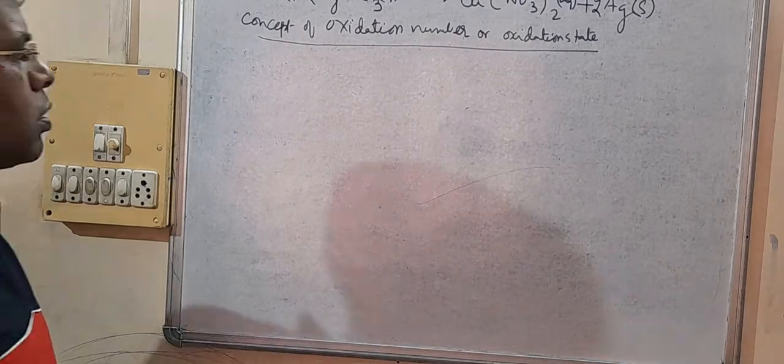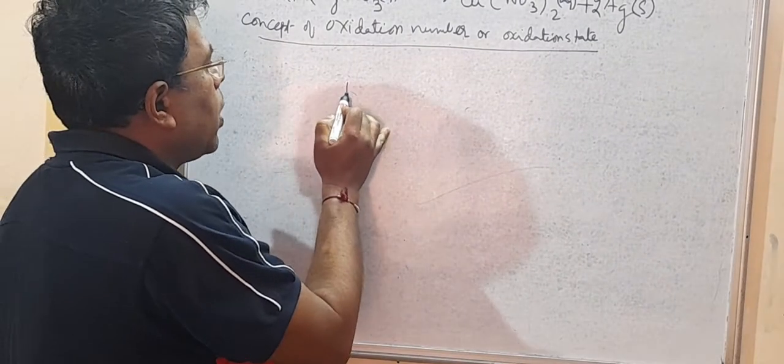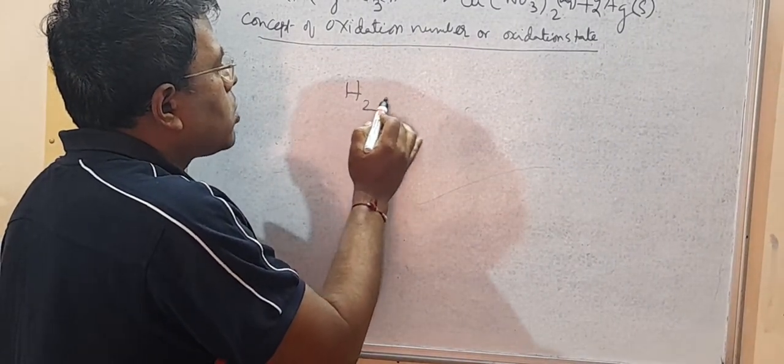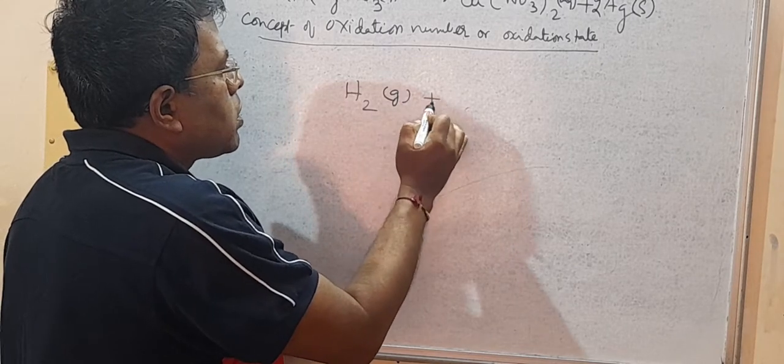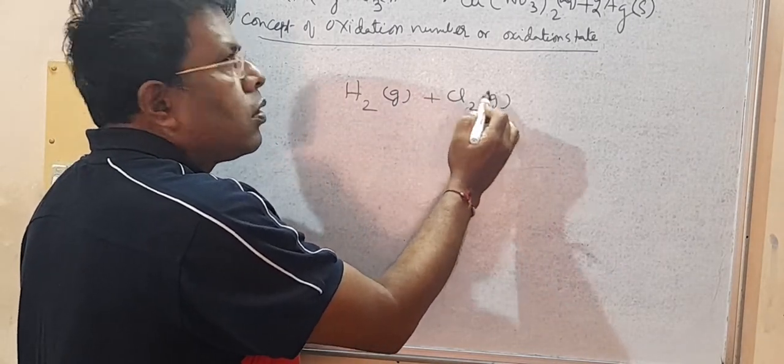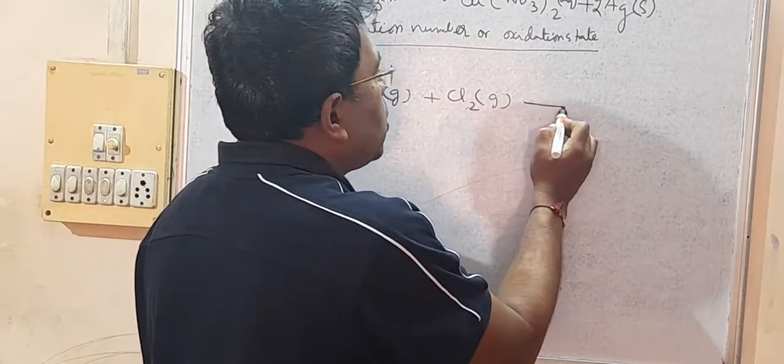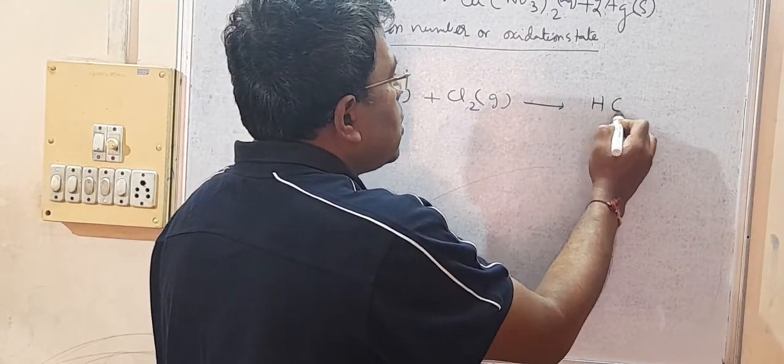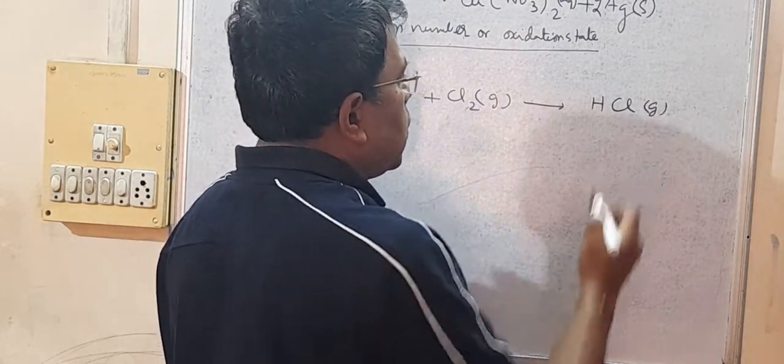Okay, so suppose we have a chemical reaction: H2 gaseous plus Cl2 gaseous forming HCl gaseous.